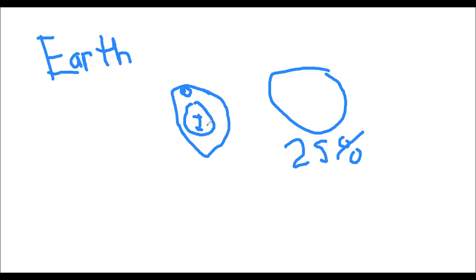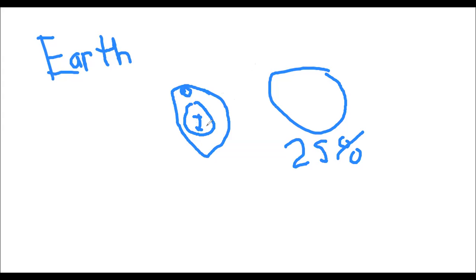Based on one of the laws of physics, any really hot liquid that is in motion causes a gravitational force, or an atmosphere.